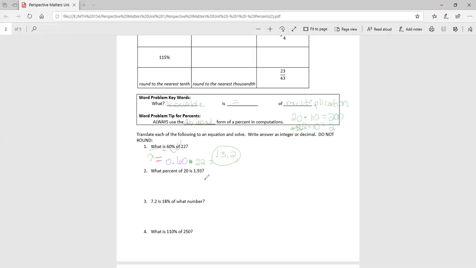So a direct conversion over, and X is what I used for the unknown, the what. The is was the equal, 60%, 22. So it's a straight translation. So if you feel comfortable, you might want to pause and try a few. If not, keep watching.